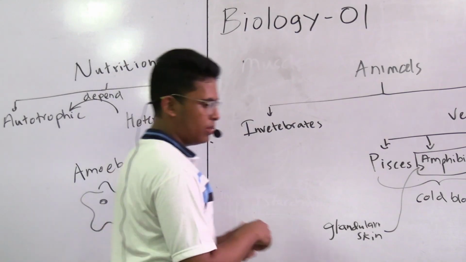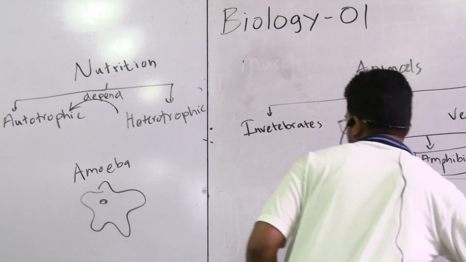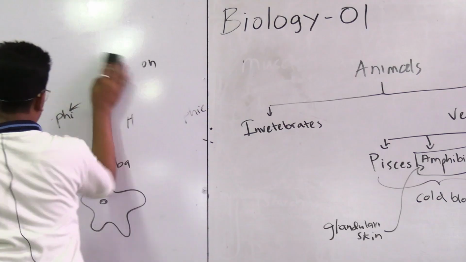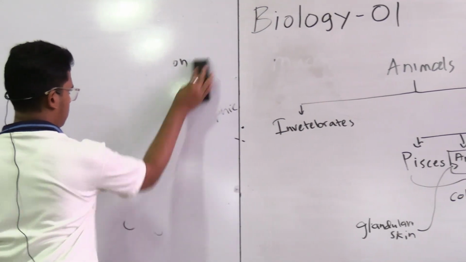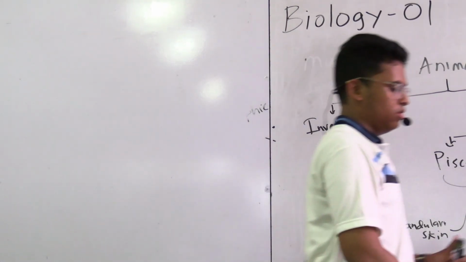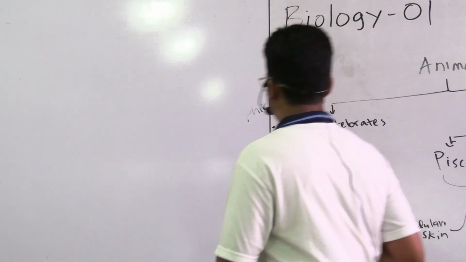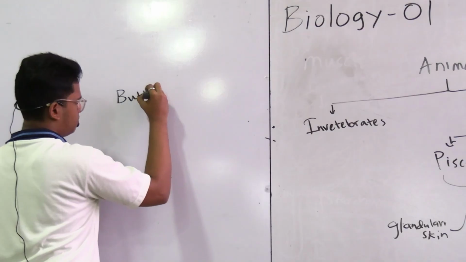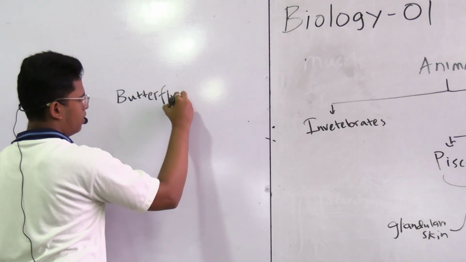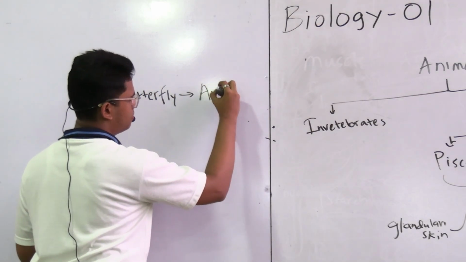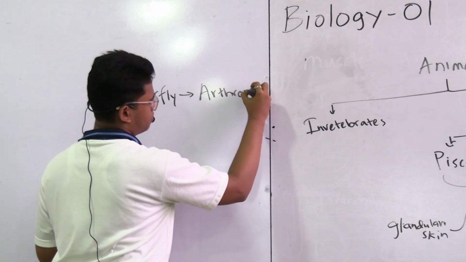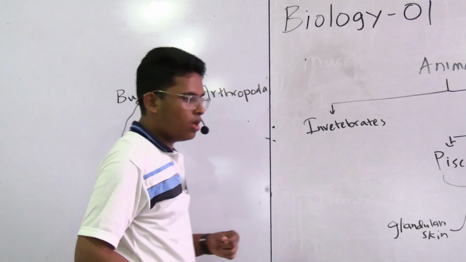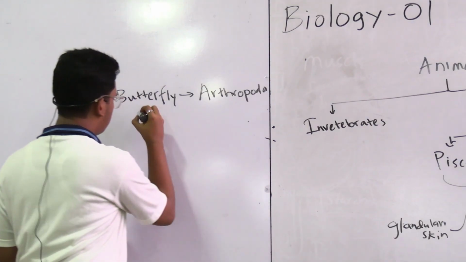So we'll write them down. Butterfly is Arthropoda. Spider is also Arthropoda.